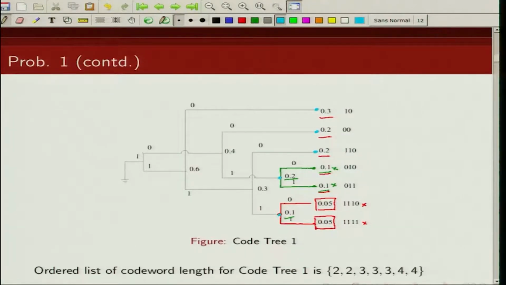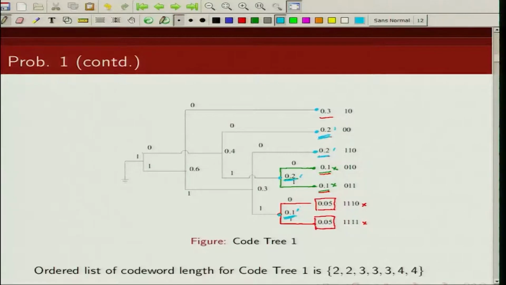Now I have this as probability 0.1, and this is 0.2, this is 0.2 and this is 0.2. So I could combine this 0.1 with any of these 3 nodes which have probability 0.2.